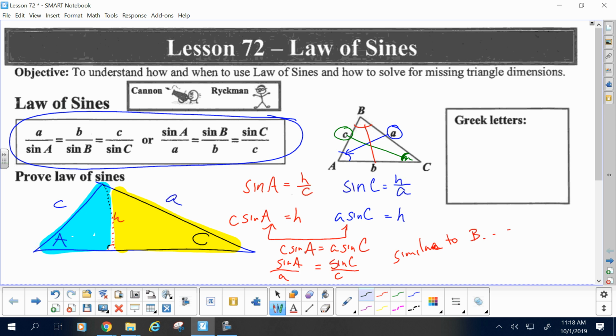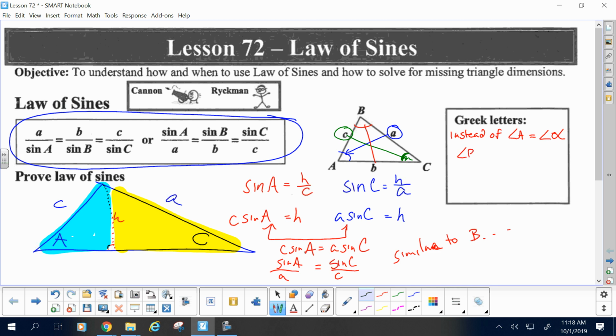All right. Greek letters. Also, if you take this class on a college level, this is a pretty common first class in college, you wouldn't use A, B, and C. Instead of angle A, they would use a Greek lowercase a, which is alpha.